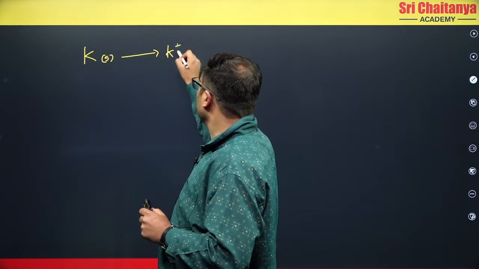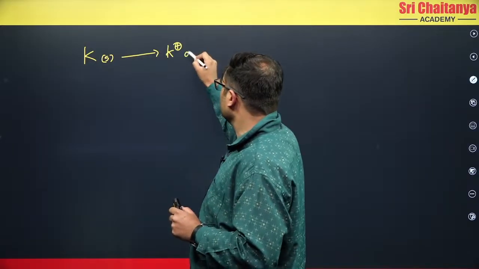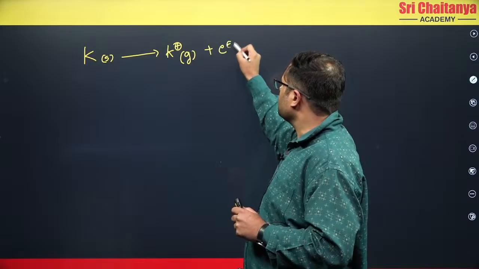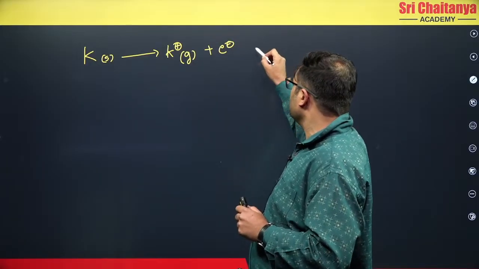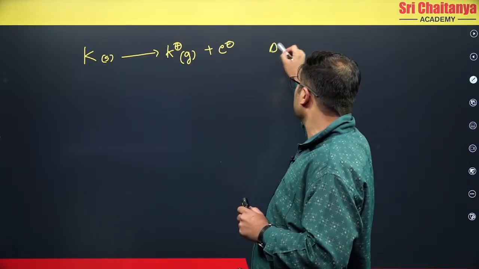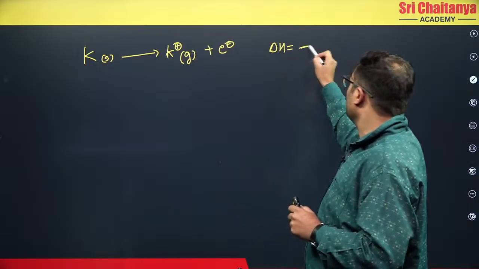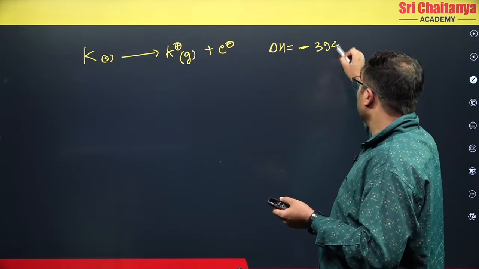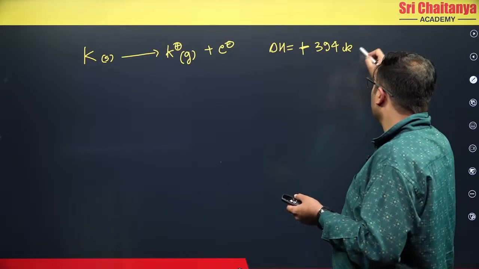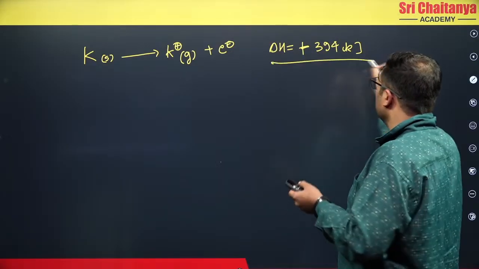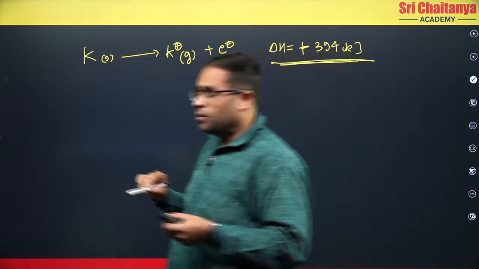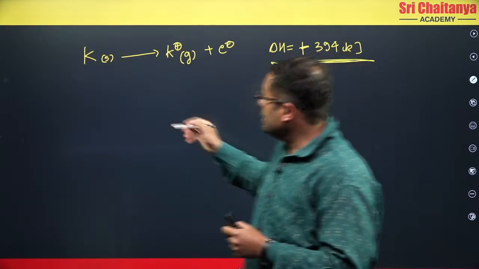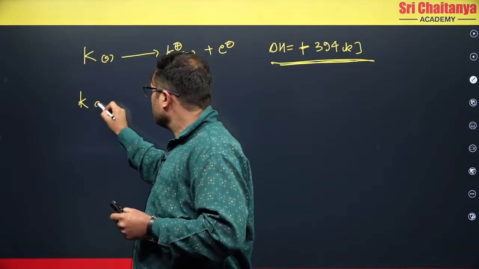Going to potassium plus, suppose in the gas phase, and it loses one electron, and suppose 394 kilojoules of energy you have to give. This much energy you have to give. I am supposing that. Now moving on to the next case. What is the next case? Gas.